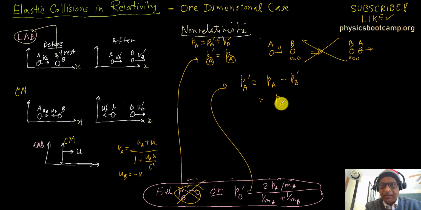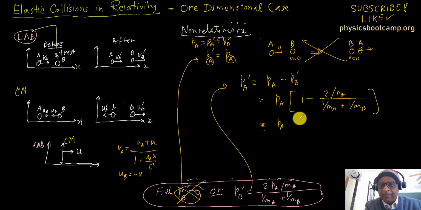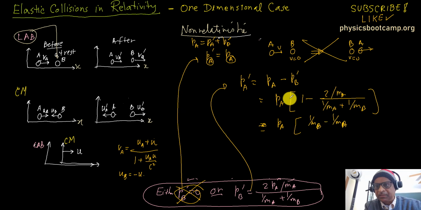So PA times 1 minus 2 over MA, over 1 over MA plus 1 over MB, and that is just PA times 1 over MA minus 1 over MB, over 1 over MA plus 1 over MB.